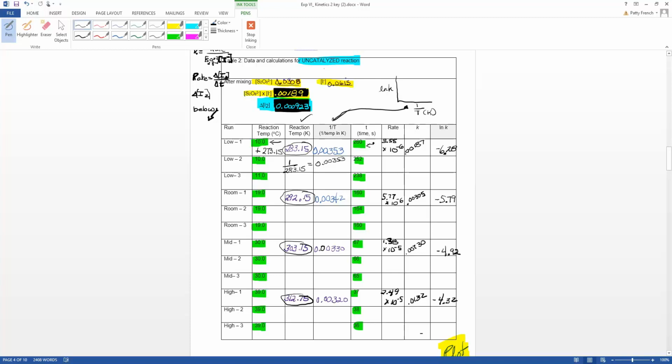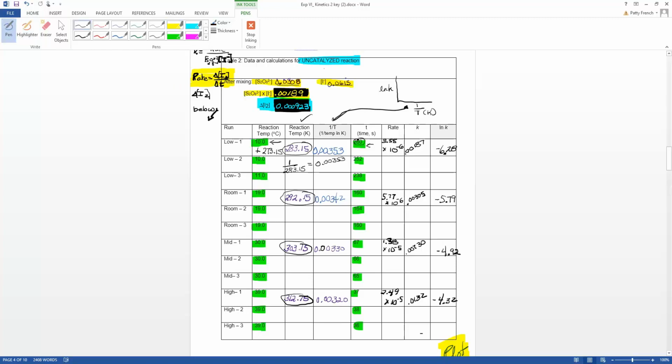So all we have right now is a time. So remember, the rate we found the exact same way we found it last week, which is that rate is equal to the change in iodine. Remember, this is a rate of appearance, the change in iodine over the change in time.